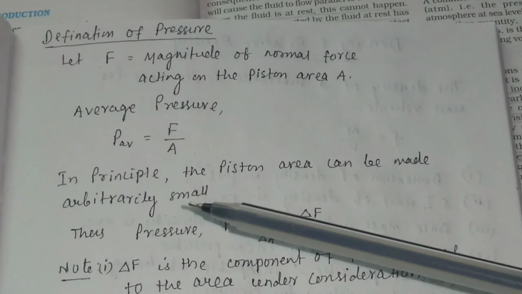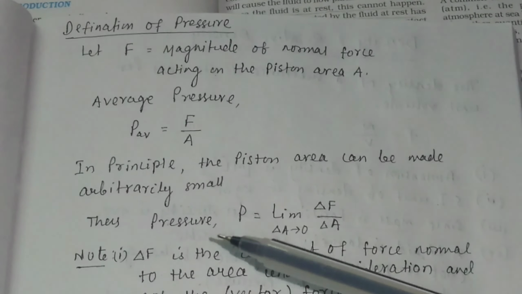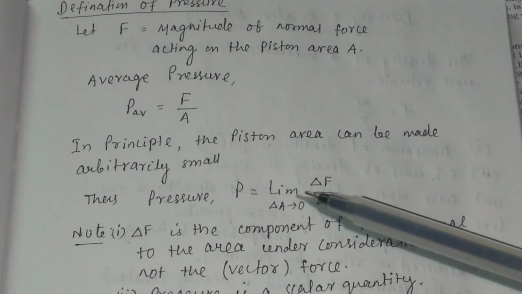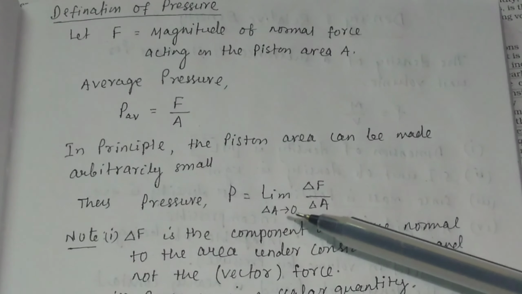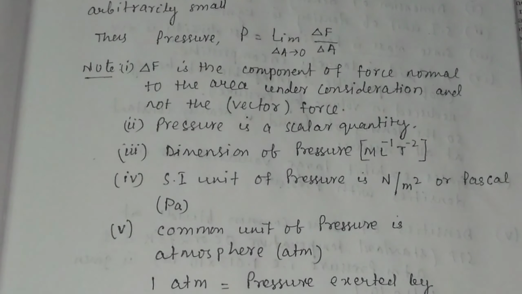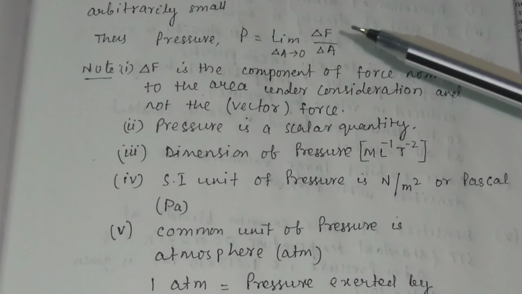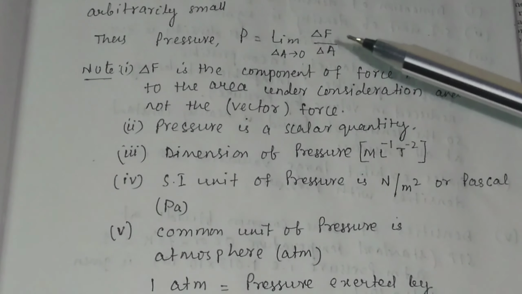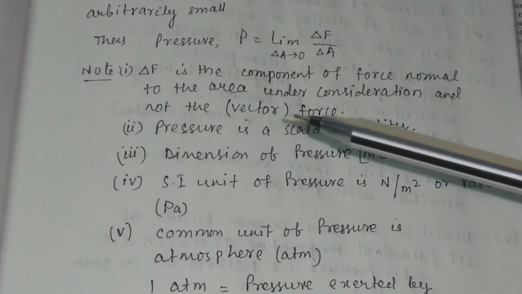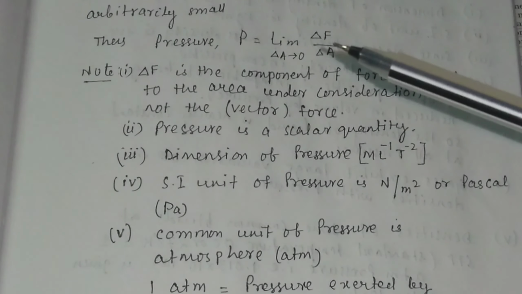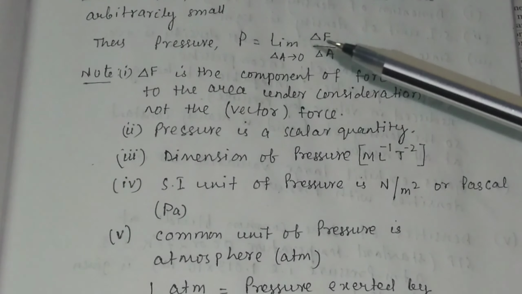In principle, the piston area can be made arbitrarily small. Thus the pressure can be defined as P equal to limit of delta F by delta A as delta A approaches 0. And you should remember that delta F is the component of force normal to the area under consideration and not the force vector. Pressure is a scalar quantity, because this force is the normal force, which is not a vector force.